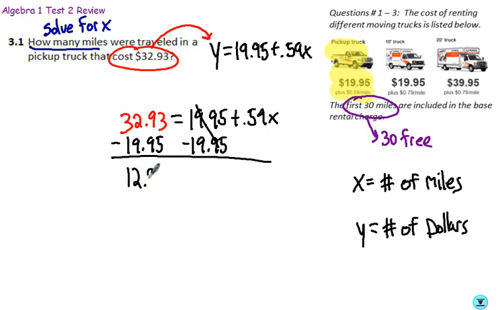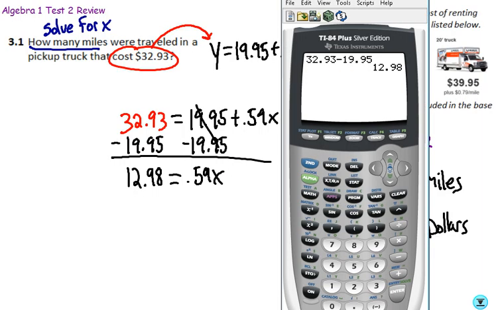And you know, being able to add, subtract, multiply, divide decimals is something that you need to be able to do by hand. But this test isn't about decimals, right? So this test is really about solving an equation. So we're having the calculator do some of that work for us. So 12.98 is what we paid extra. That was our kind of overage.